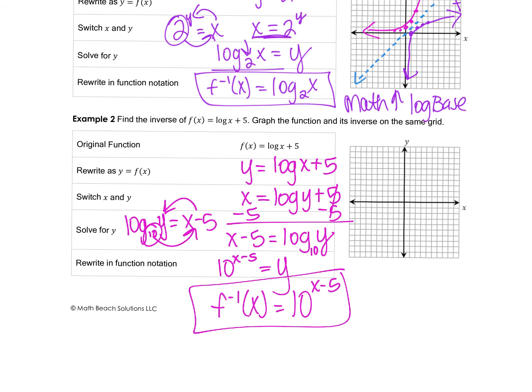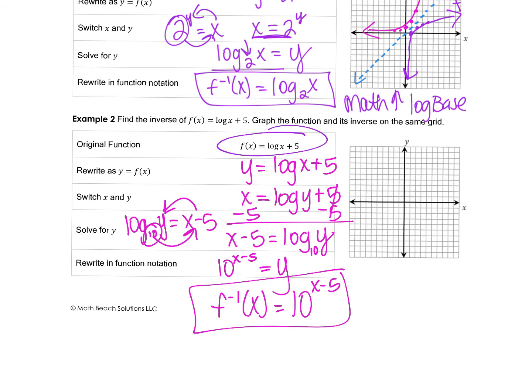You can plug this into the calculator. We are starting with our original function, log of x, so you can just use the common log button on the calculator screen. Go to y equals, type in log of x, close your parentheses, add 5, and then go to the table.